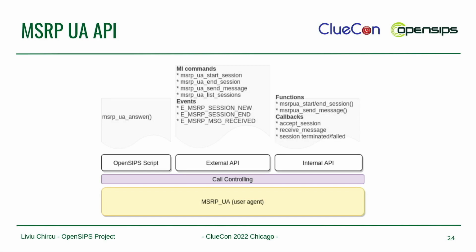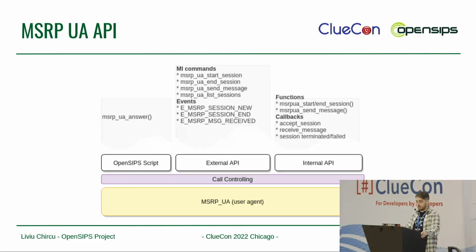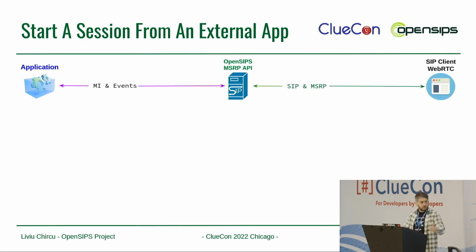On the user agent module, we give you the necessary hooks and API functions to start sessions and manage them, both from the OpenSIPS script and, let's say, externally. Let's go through a call flow, and this you'll understand better.